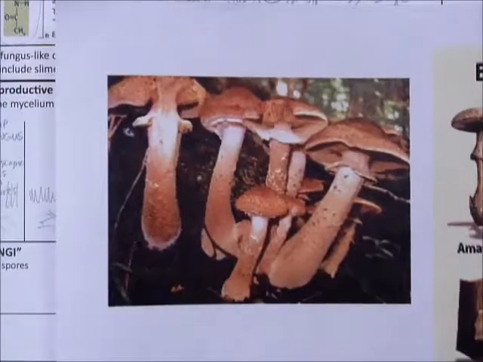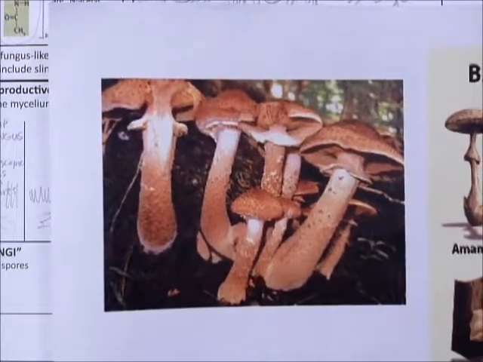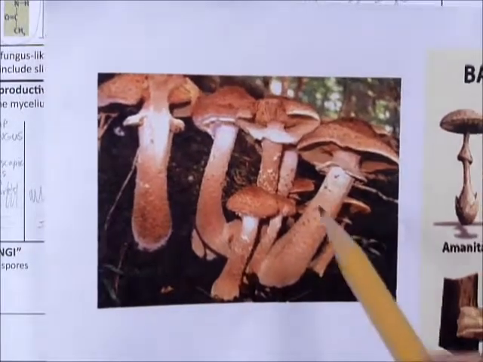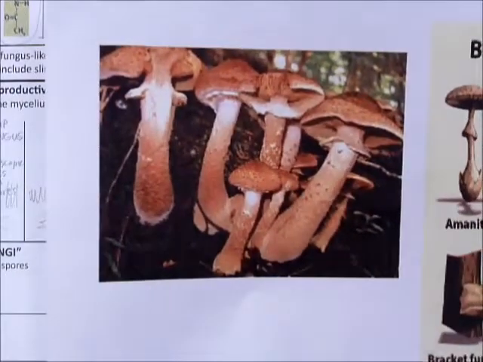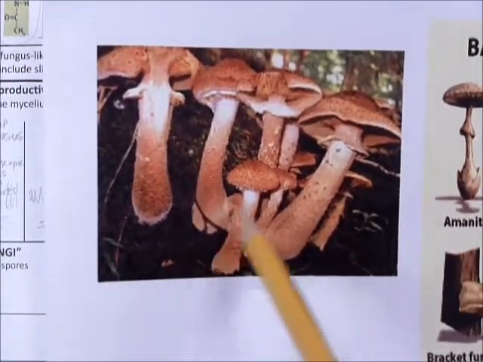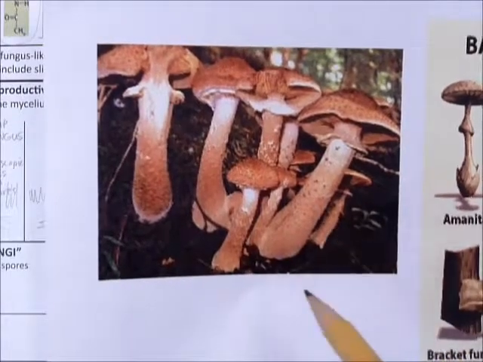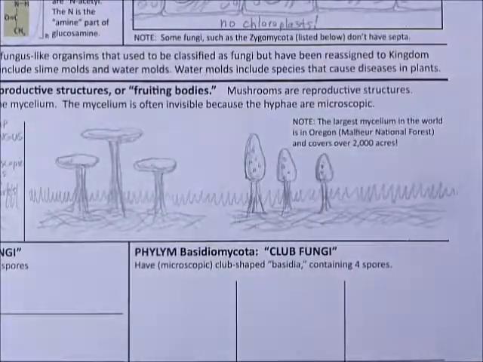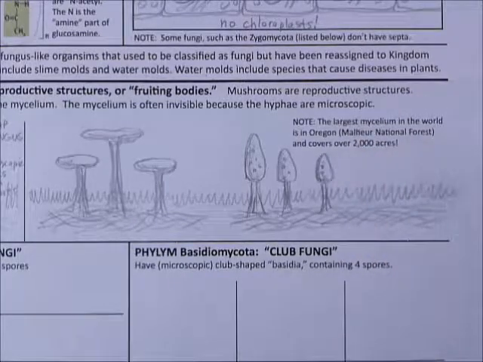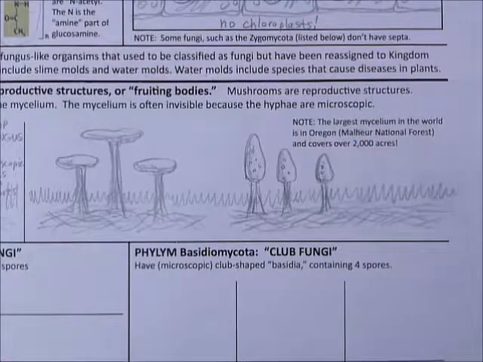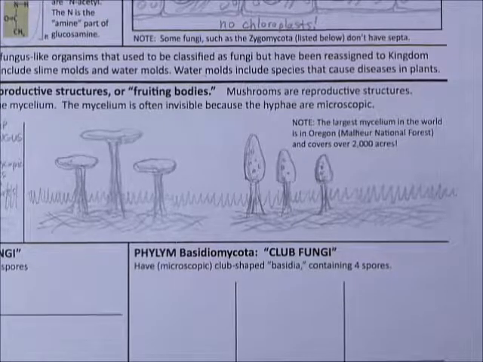And here's what they look like. They're like the honey mushroom or something like that. So this is an actual photograph of those mushrooms. The mycelium will produce 2,000 acres worth of mushrooms, and they all come from the same structure. So this fungus actually has the world record for the largest living organism on the planet. It's a mycelium.